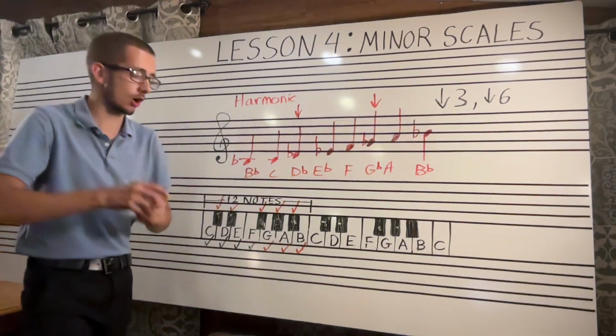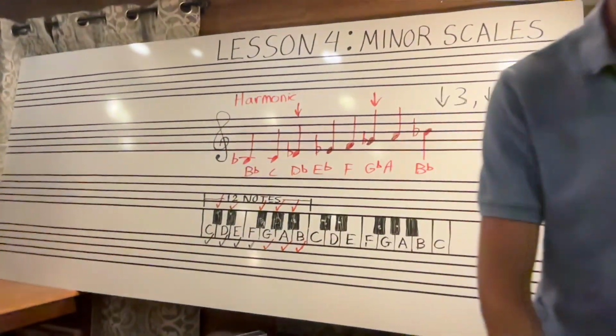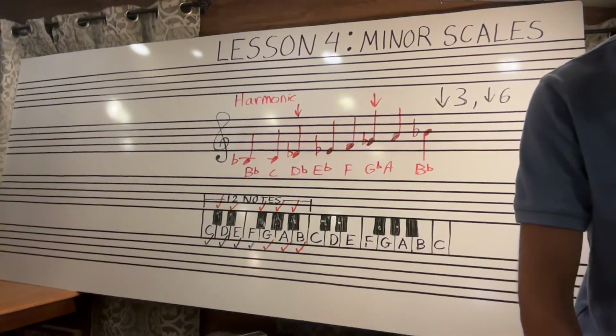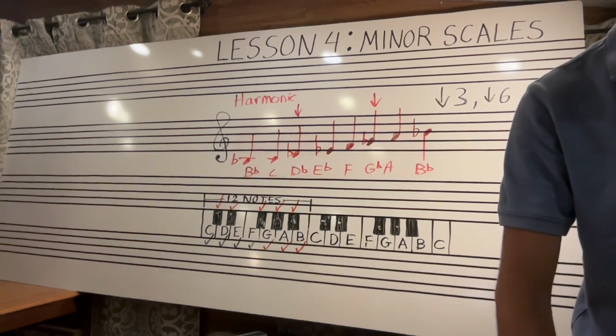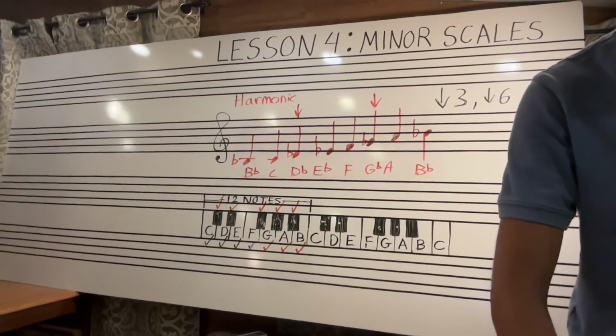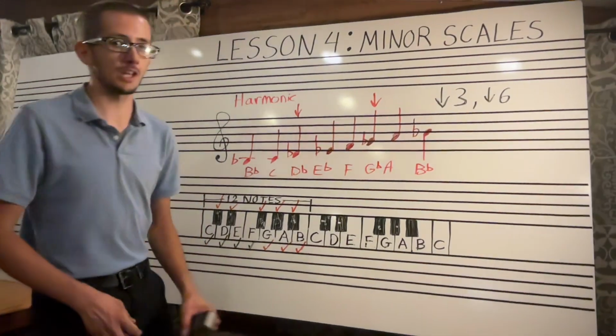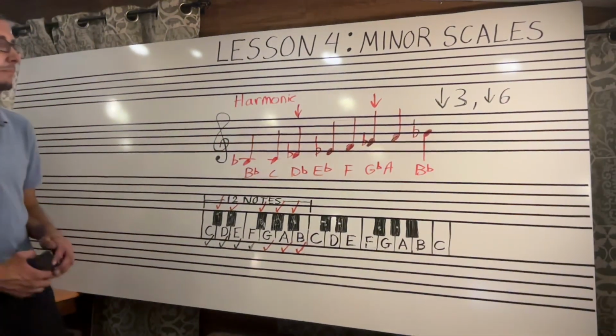So this is what a harmonic minor scale sounds like. So that is our B flat harmonic minor scale.